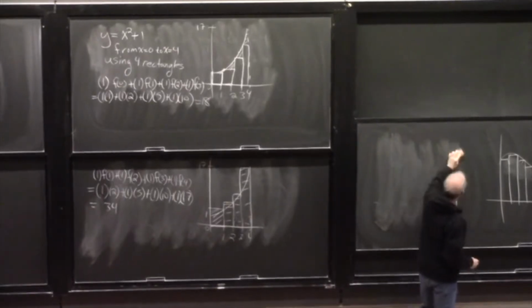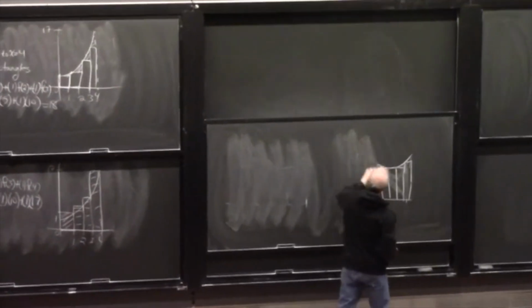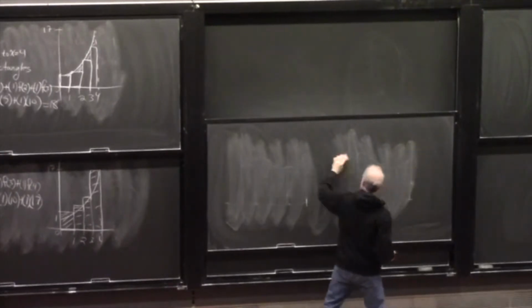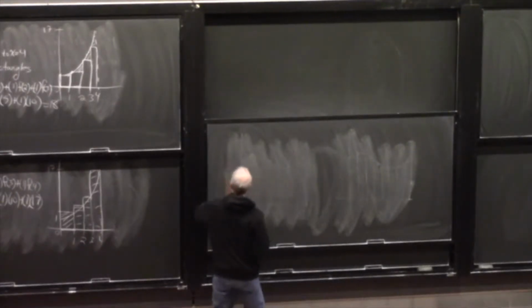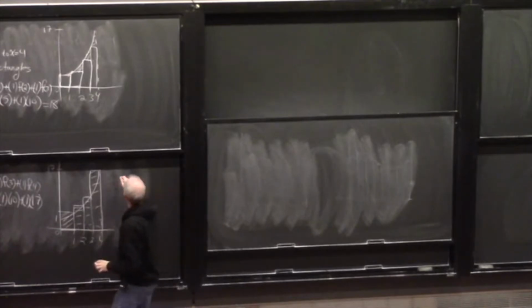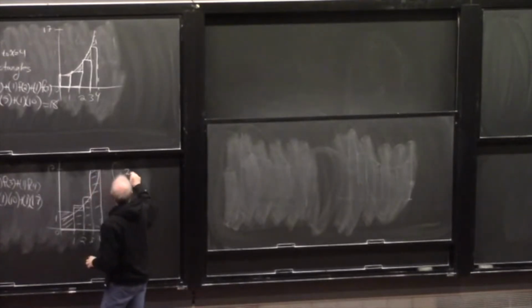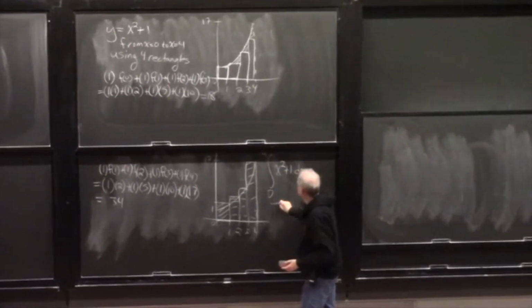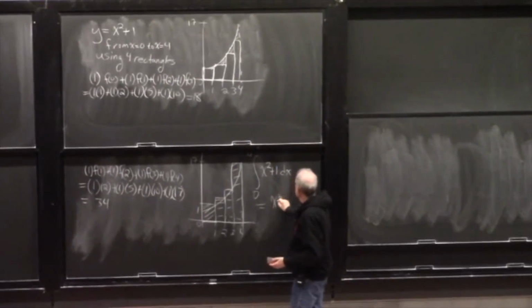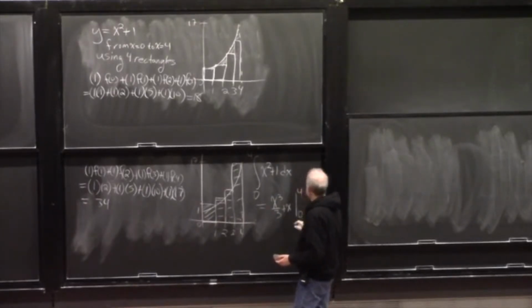And remember how I told you how to find the exact area? The exact area is if I just did the integral. So I could do the integral of x squared plus 1 from 0 to 4. That's x cubed over 3 plus x from 0 to 4.